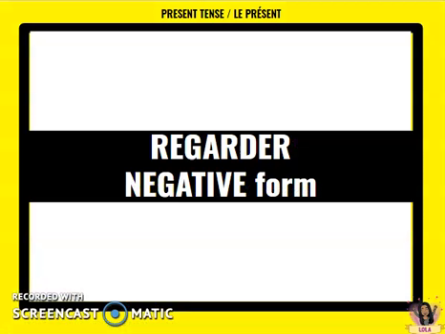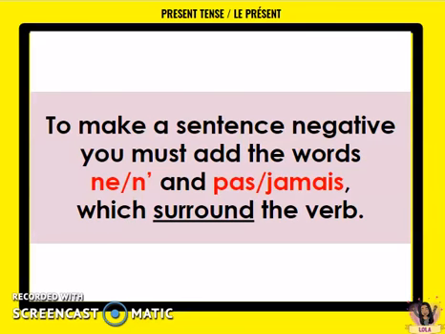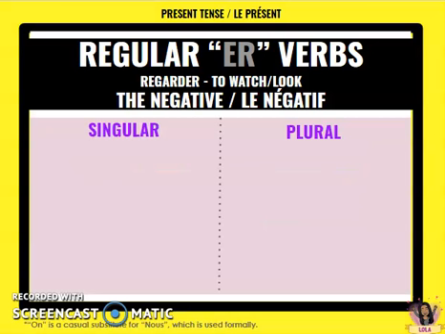Let's take a look at regarder in the negative form. So to make a sentence negative, you must add the words ne, or n' with an apostrophe, and pas or jamais, which surround the verb. We are going to stick with the verb regarder to do this, since you've already done it in the positive. So in the positive, this is what it looked like. Je regarde.